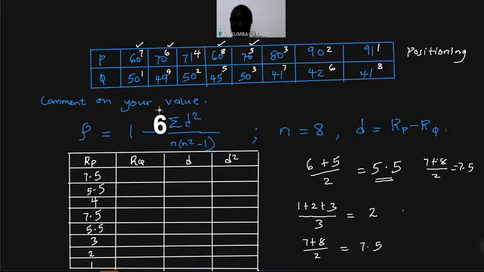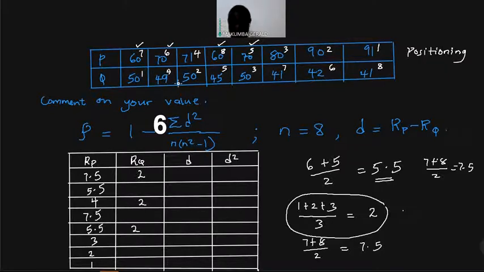Next, these are positions for Q. Within here, we have 50 appearing thrice. So the 50s are going to take a rank of 2. We look for where the 50s are: rank 2, and rank 2 there.